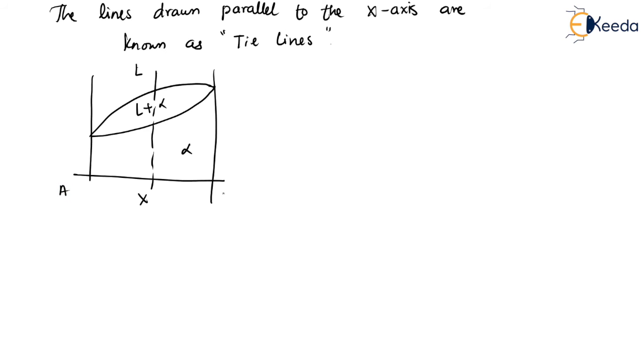This is component A and component B, this is composition X in B. Now in this figure, suppose I want to apply the lever rule here. Say xb is equal to the alloy composition.